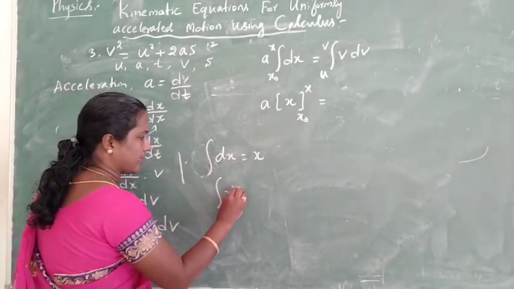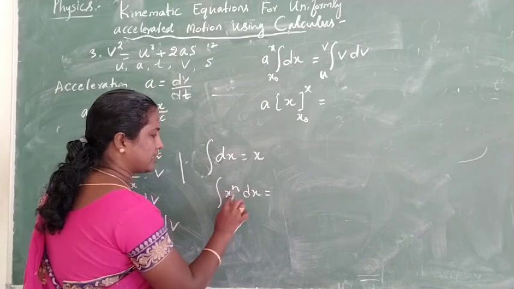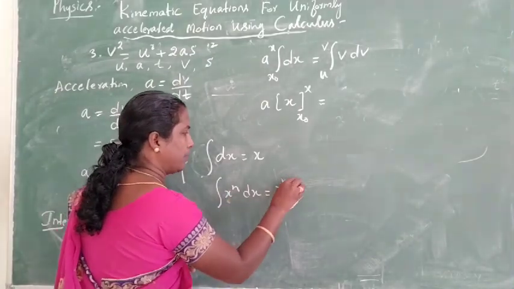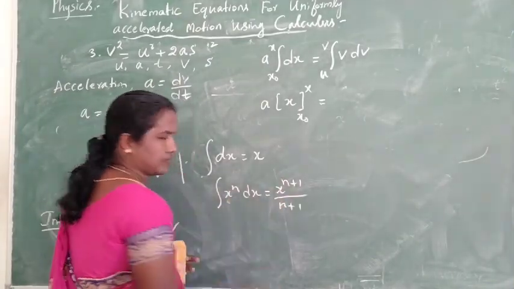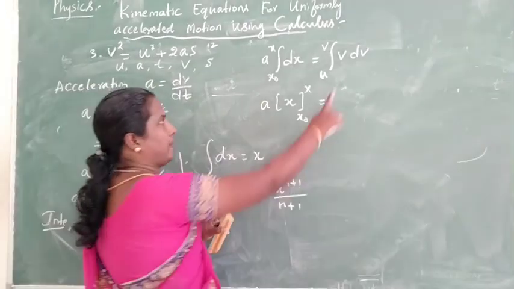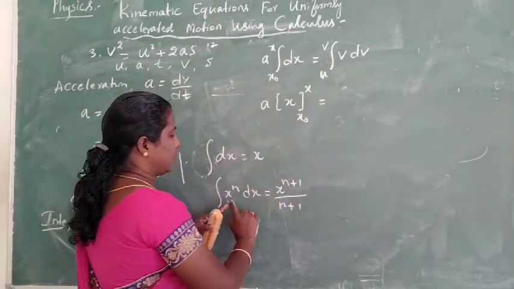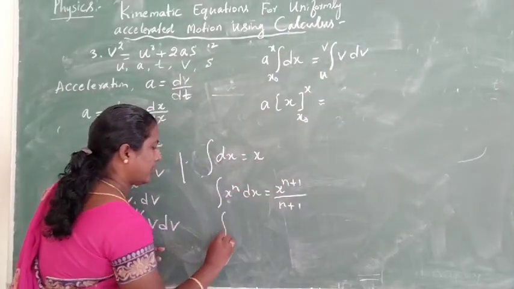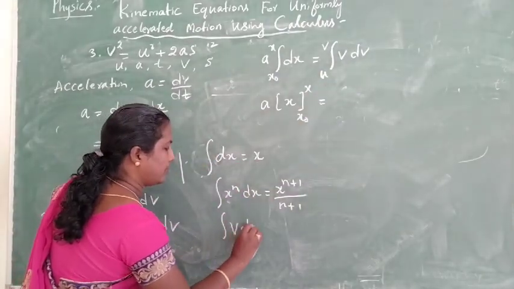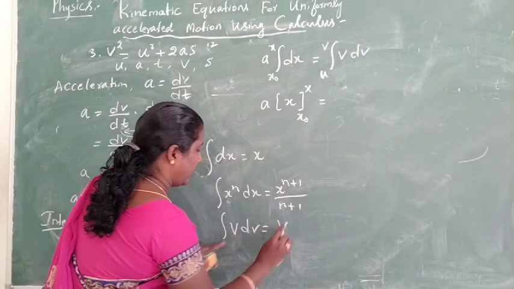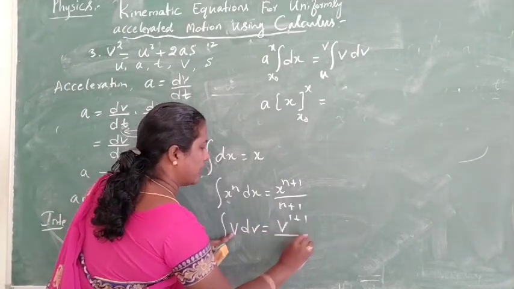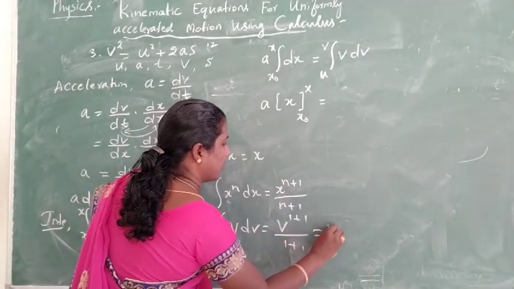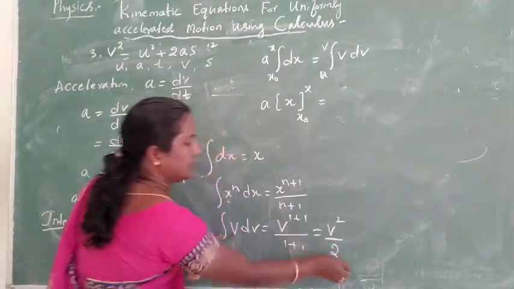The integral of x to the power n into dx can be written as x to the power n plus 1 by n plus 1. So here we use this second formula, where in place of x we have v and the power is 1. Integration of v into dv gives v to the power 1 plus 1 by 1 plus 1, that is nothing but v square by 2.